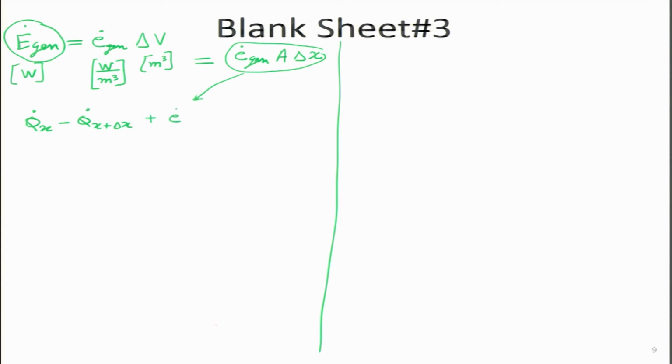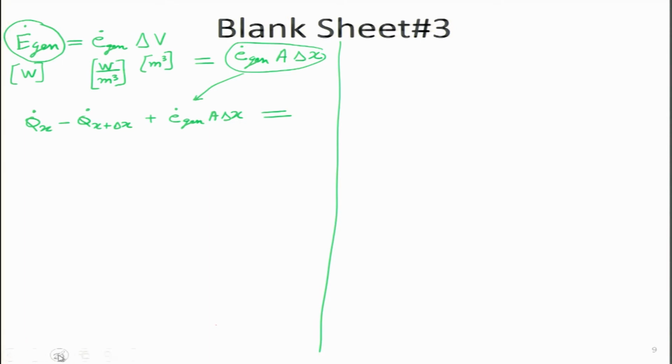So, what I get over here is E dot gen A delta x, and on the right hand side we should have E dot storage, and for energy storage we have got a very good expression in the previous slide.